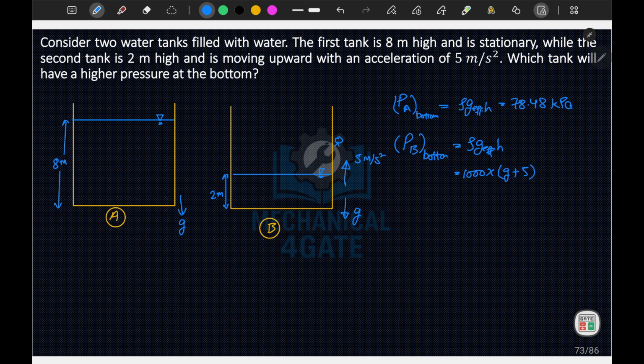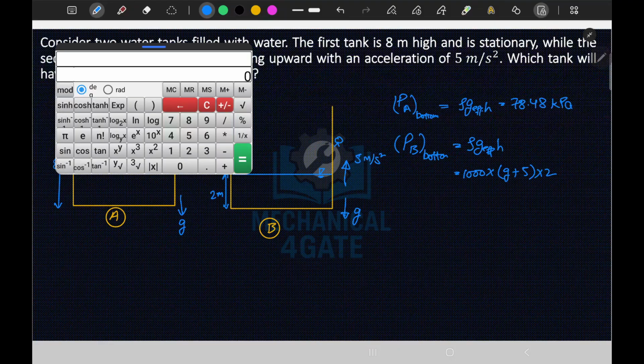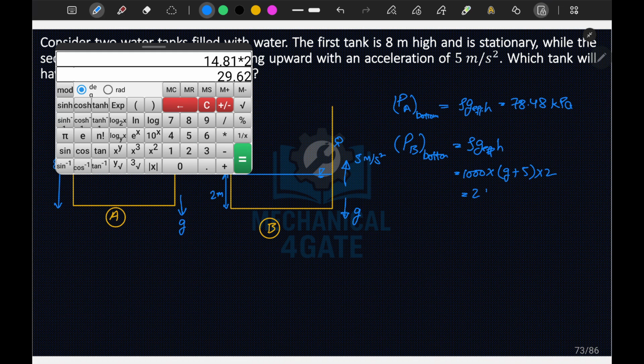So this times H, that is 2. If I substitute the values, this becomes 9.81 plus 5 into 2, which is equal to 29.62 kilopascal. So from here we can say that the pressure at the bottom of A is greater than that of pressure at B.